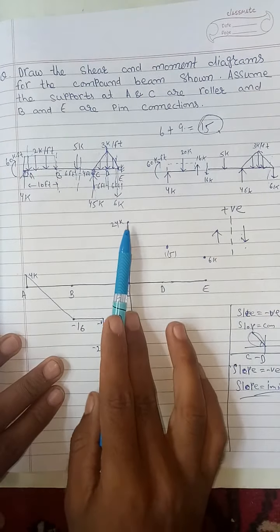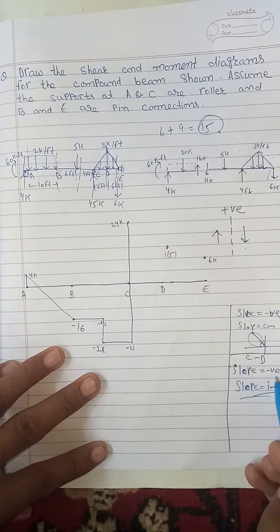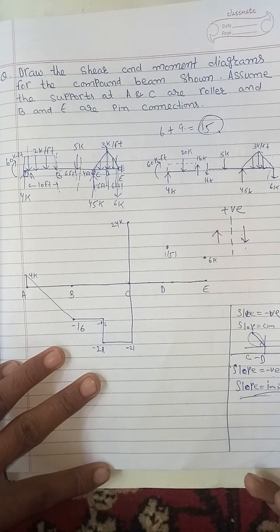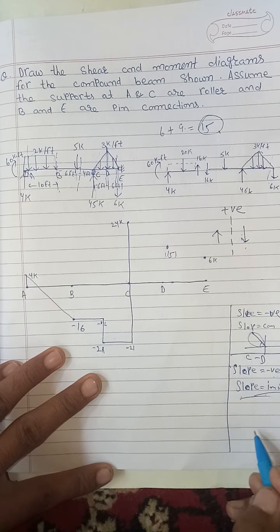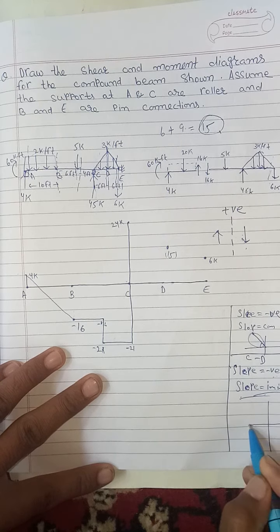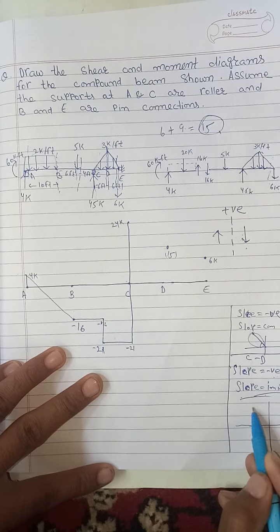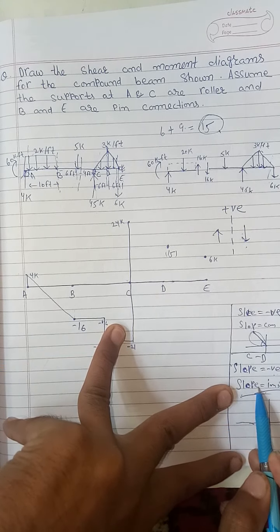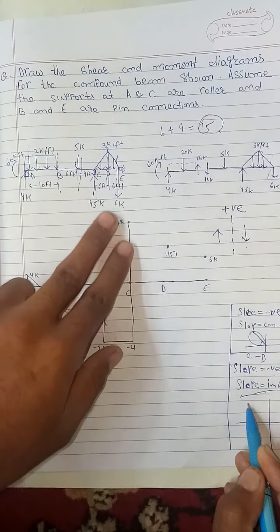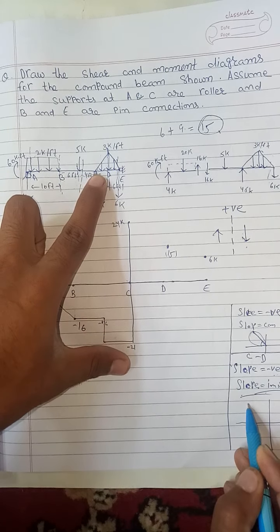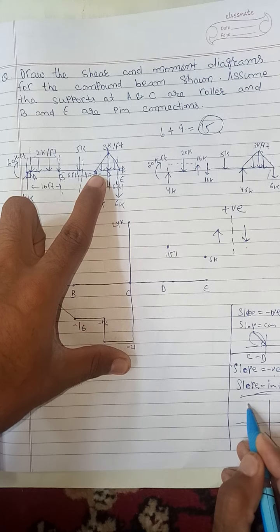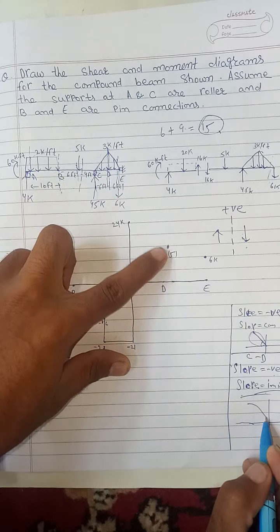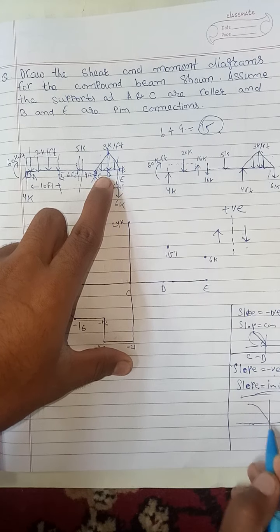Now from point C to D, the shear force diagram has negative slope, which means it will lie in the second quadrant, and slope is increasing from point C to D. So how can we make that? First, it is clear that this is the second quadrant, so it will be like this or like this. Now it is saying that the slope is increasing, so here the slope will be less, because the load is very little here, so I will make it 0 slope. So this will be less slope, more, and at point D it will be most.